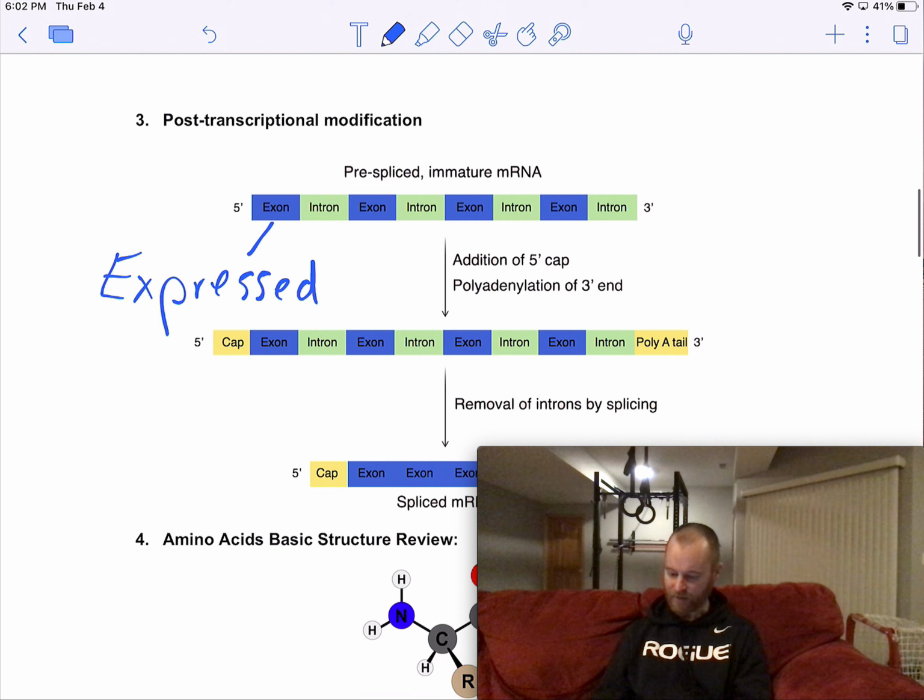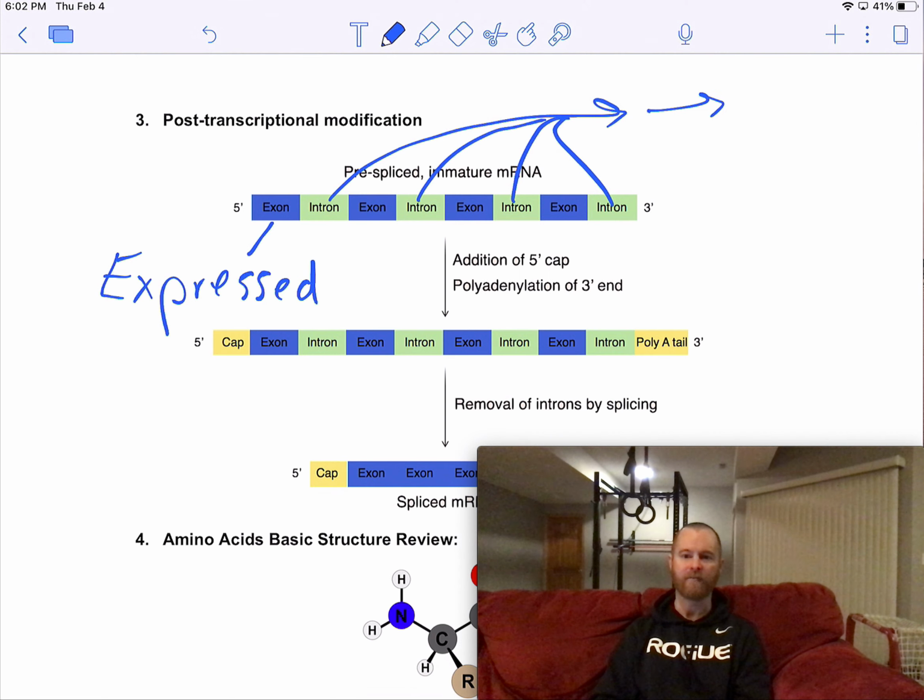And the introns are parts that are not expressed. They are in between the exons, and they will have to be spliced out. And I'm not going to go through the details, but there are structures and proteins involved that will grab those sequences, fold, and clamp and splice and move things around and take care of all that. So the exons will stick together.